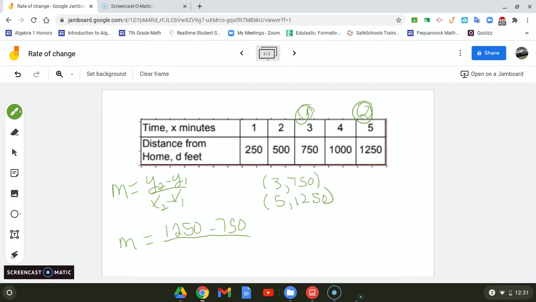And our x2 is going to be 5. And our x1 is going to be 3. So when we subtract this out, we're going to get 500 over 2, which reduces to 250, which is the same thing we got when we used the other 2 points, right?